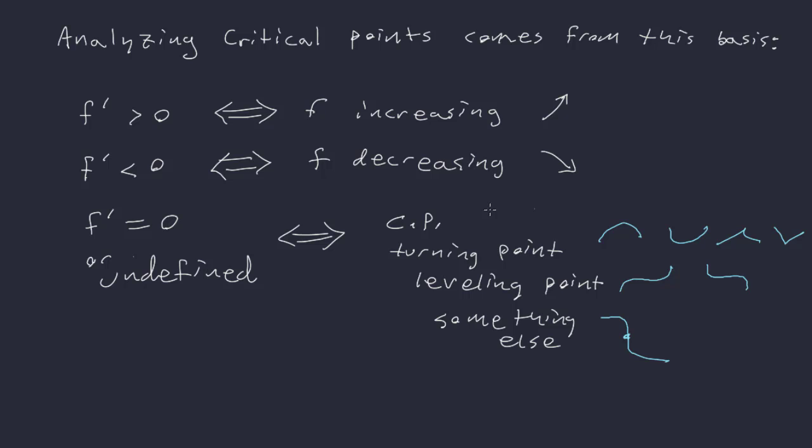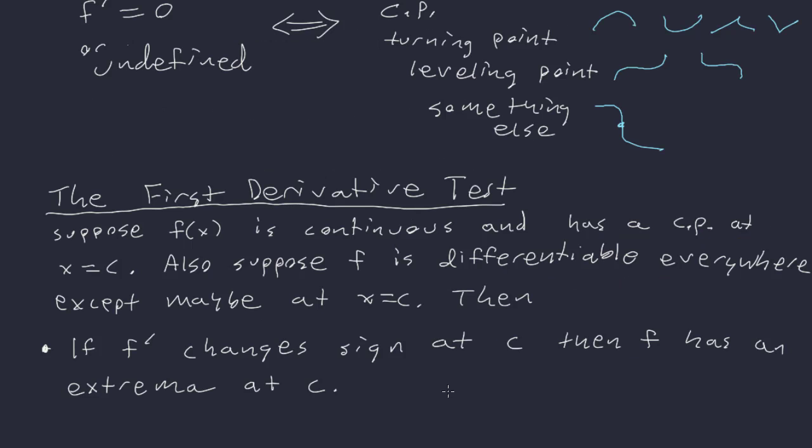What we basically do with the first derivative test is break up our interval into separate regions, and then we can check them in each region. Let me write some of this down, and then we'll get into some examples. Here's what the first derivative test says. Here's how we set it up. We're going to suppose that f is continuous and has a critical point at, let's say, x equals c.